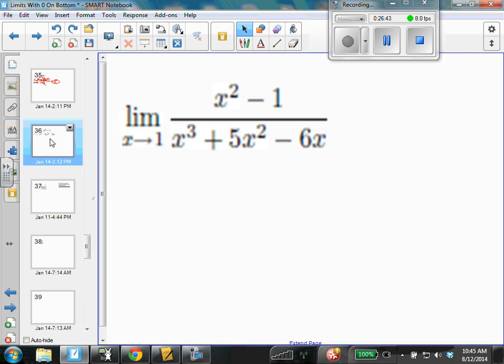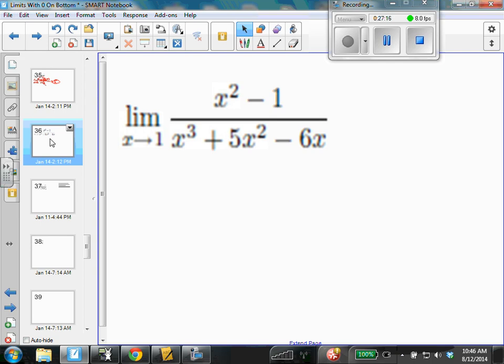Minus 1 times x plus 5x squared minus 6x, divided by x cubed plus 5x squared minus 6x. So if you plug in 1, 1 plus 5 is 6, minus 6 gives you 0.